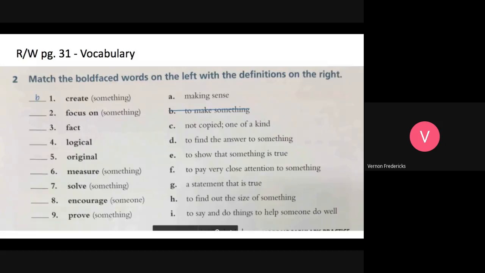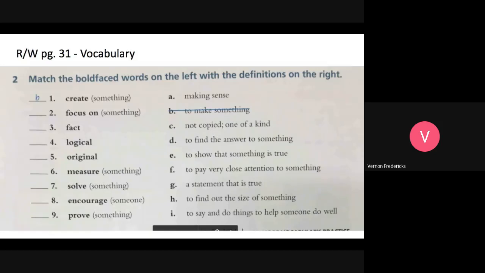Okay, welcome back, students. So number one is B, yeah? Number two is focus on something, means to pay very close attention to something. So number two is F. Number three is a fact, and a fact matches with G, a statement that is true.